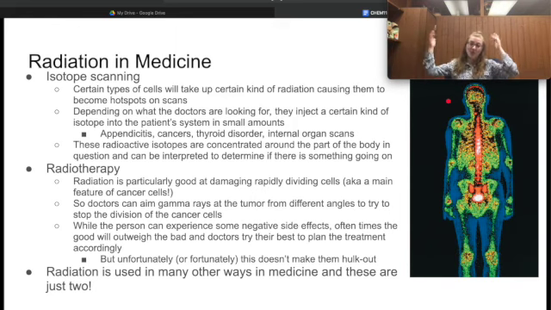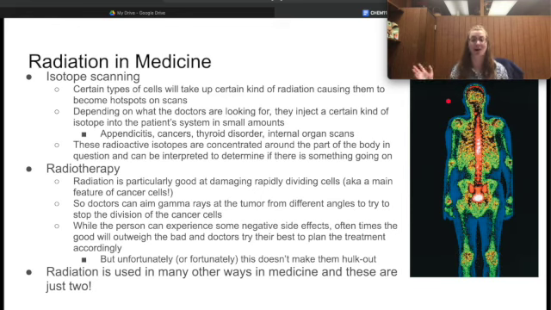It's there, boom, because those living cells took in and processed those isotopes, and we can measure the radiation coming off those isotopes in the scan, and that's how we know what's going on. So these radioactive isotopes become concentrated around the part of the body in question, or maybe they don't become concentrated if the scan's negative. And it can be interpreted to determine if there's something going on.